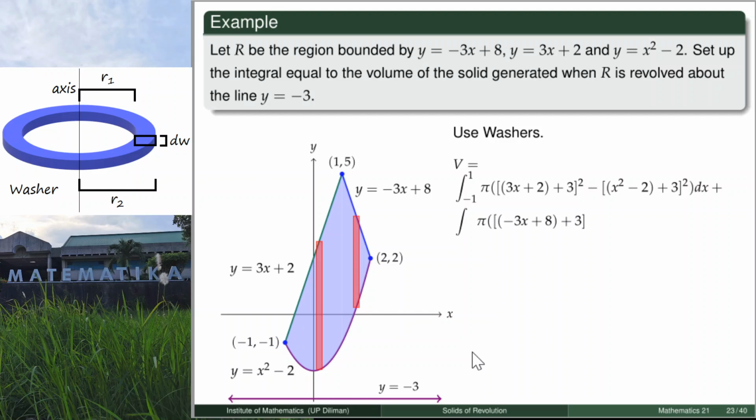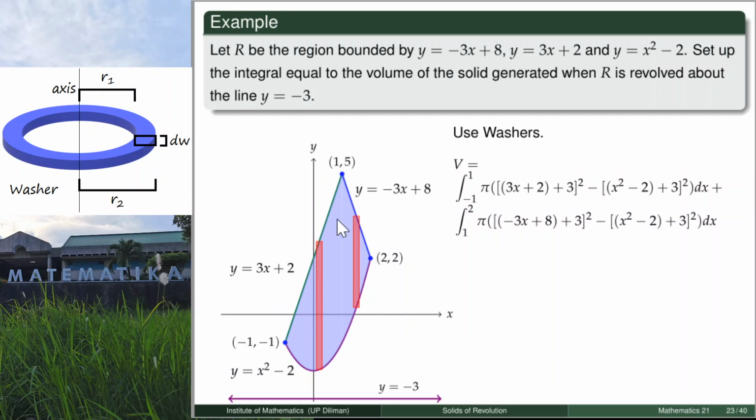So that will be our outer radius squared. Minus the inner radius will still be the same because notice that this still belongs to x squared minus 2. So therefore, this is x squared minus 2 plus 3, squared. So dx, and this is from x equals 1 to x equals 2. And that's how you set up the volume for this example.